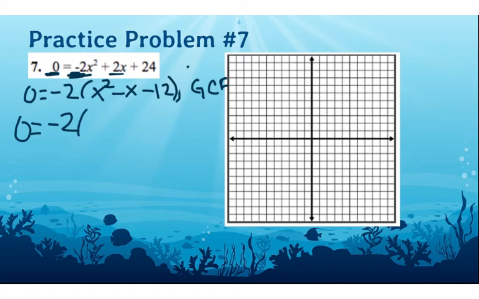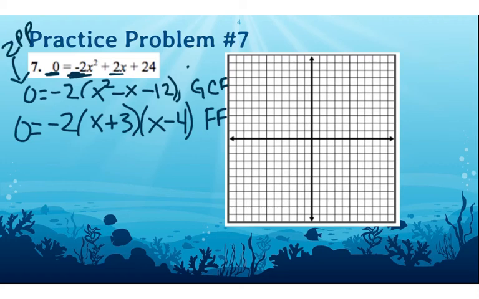And then parentheses, x plus 3 was one of our factors on the outside, and x minus 4 was the other. So here we did factored form. All right. So now what? Oh, zero product property, right?